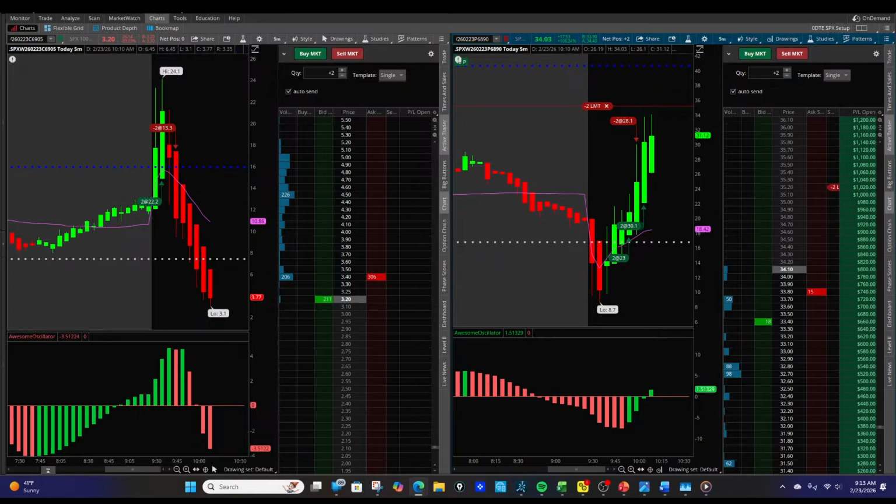Okay, the wick has gone above the previous wick, so that's always a good sign.